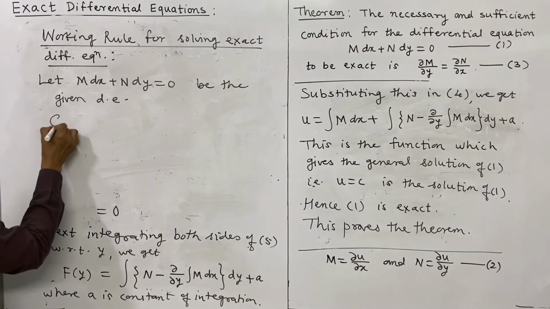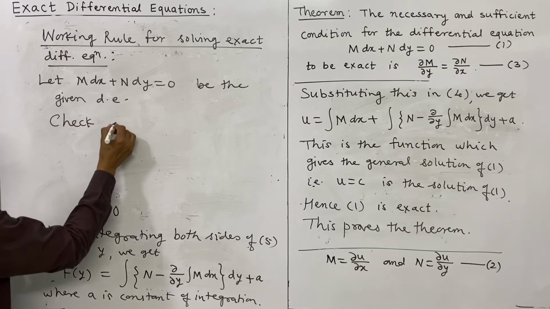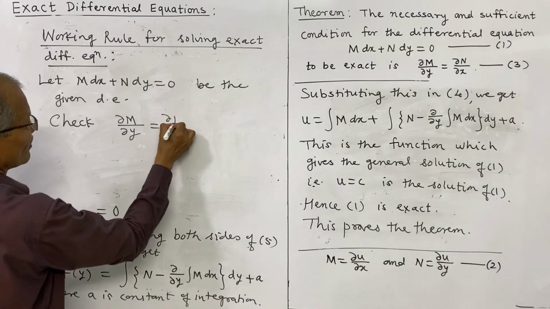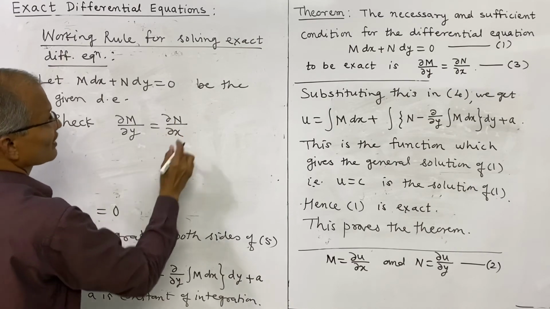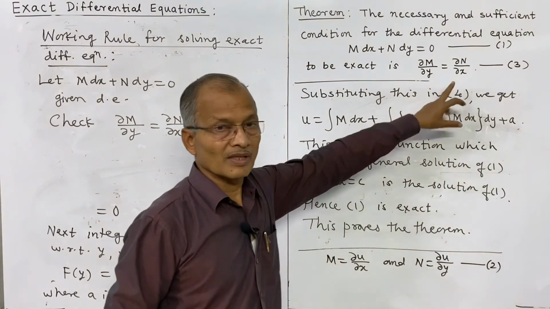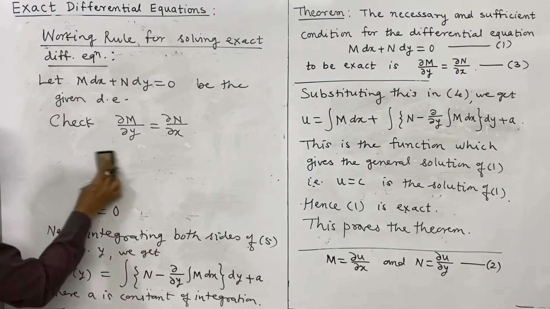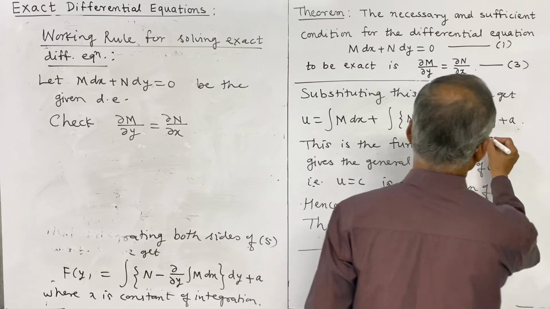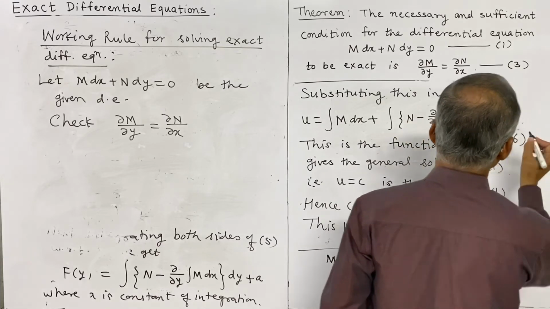Then check dou m by dou y is equal to dou n by dou x. That is the necessary condition. First check that condition. If this is satisfied, then we may suppose this as equation 6.